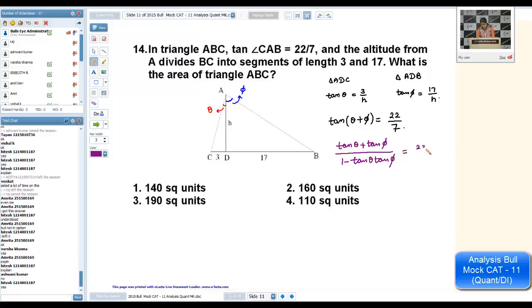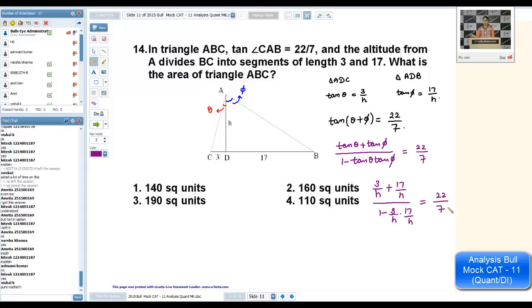That is 22/7. Now we know the values, we can put that. It will be 3/h plus 17/h over 1 minus 3/h times 17/h. This is given as 22/7. So by putting values, you can find the area.